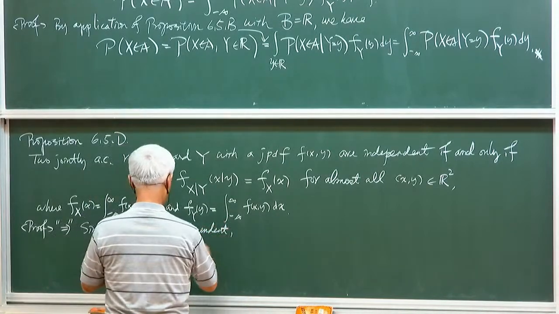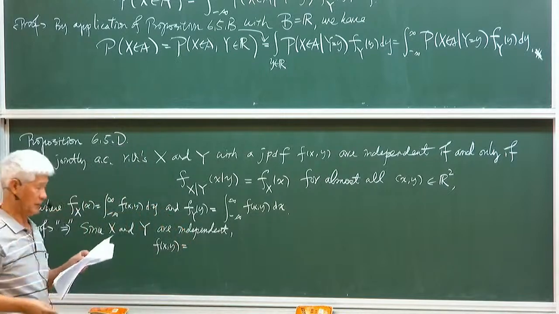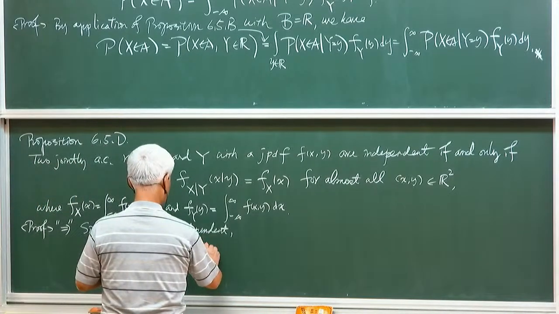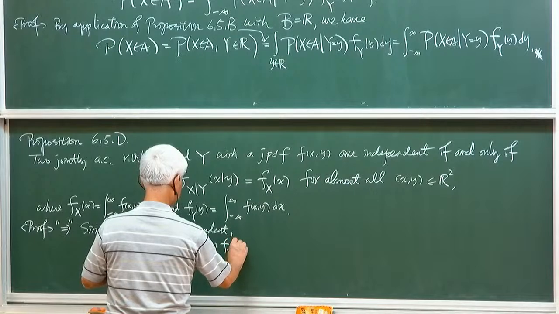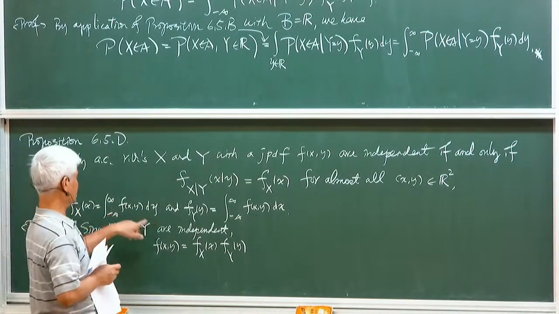We know that f of xy, the joint PDF, is equal to the product of their marginal PDFs, computed in this way.